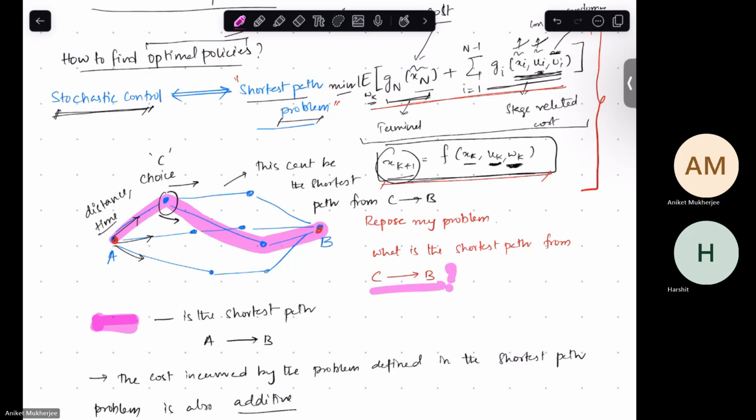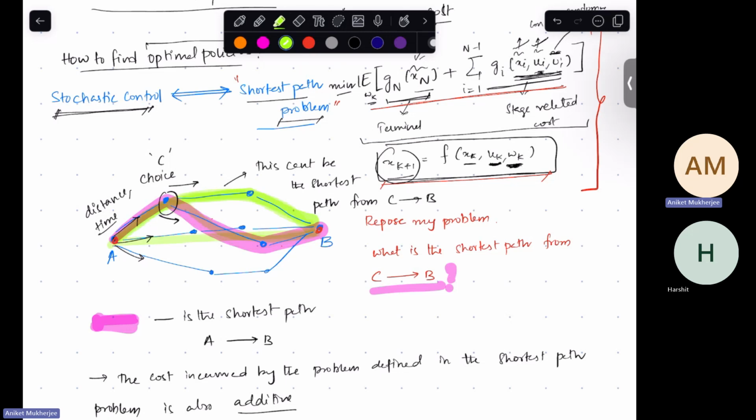So if you say that the shortest path from C to B is this, then we have a contradiction. Because if this is the shortest path from C to B, then instead of going from A to B this way, you would have gone this way. But you already know that this is your shortest path. So this can't be a shortest path for C to B. This has to be a shortest path from C to B.